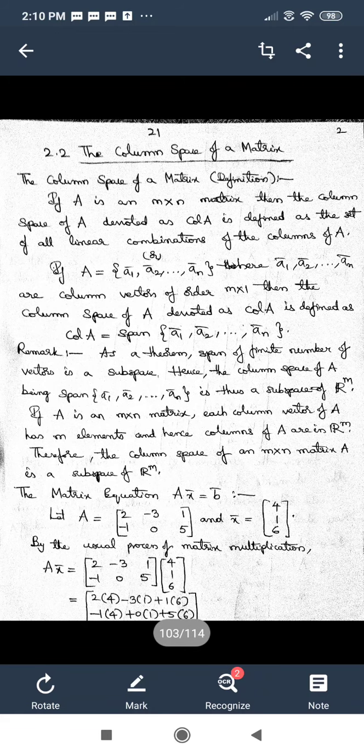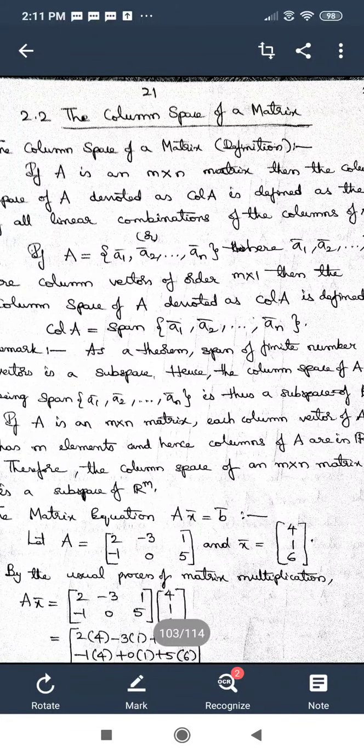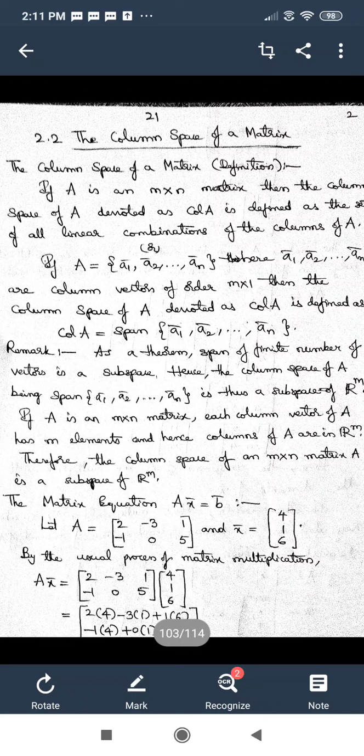In the previous video lesson, we have come across the concept of the column space of a matrix. We have gone through two types of definitions for it. We have seen that Col A is the set consisting of all linear combinations of the columns of a matrix of order m by n.